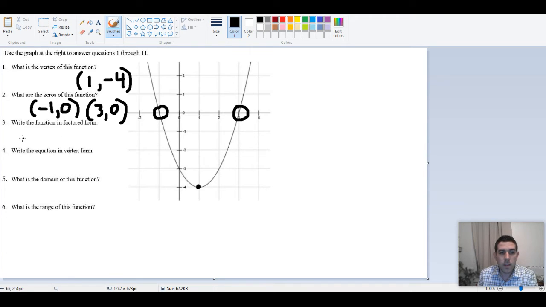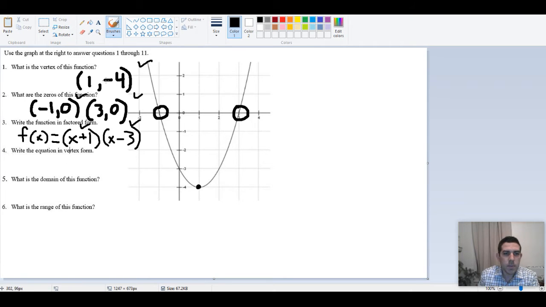Factored form is f of x equals, and now I just need my two parentheses. x opposite of minus 1, so plus 1, and then x opposite of positive 3, so minus 3. There's factored form. So far we got 1 point, 2, 3, and I split this one up as 4 and 5.